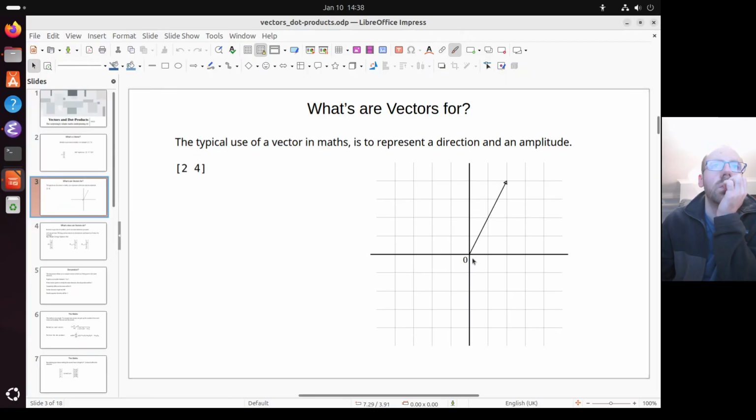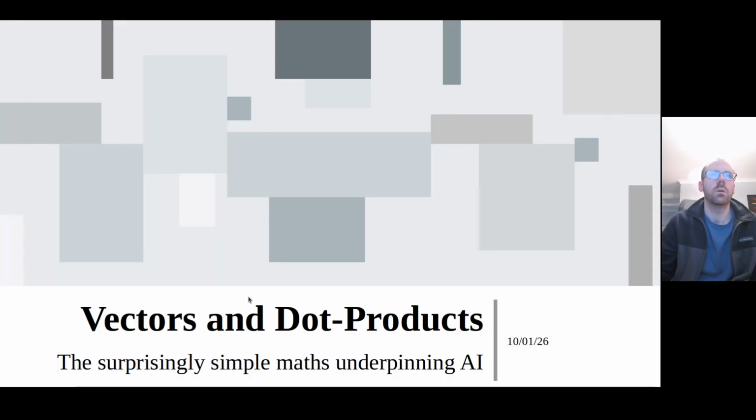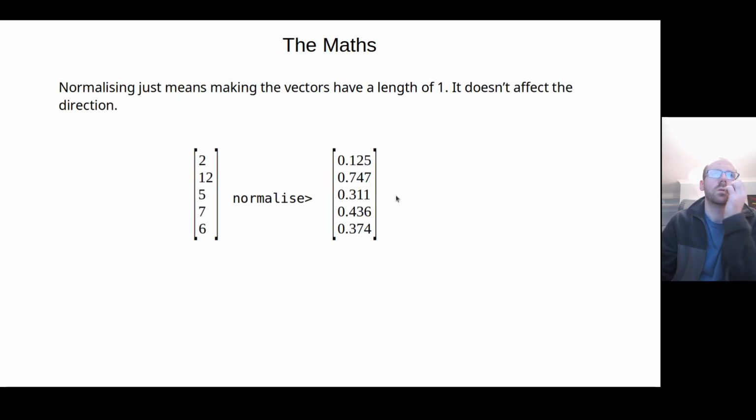That's what we're doing to normalize. We're just making all of our vectors have the same length. After it's normalized, it'll make the numbers smaller usually.